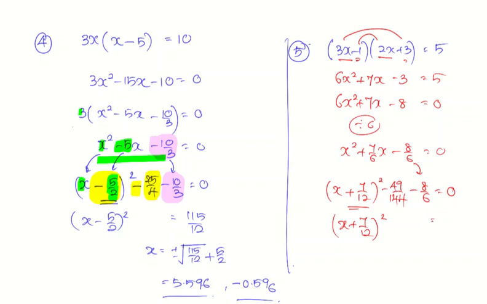Bring over to the opposite side. 241 over 144. So x plus 7 over 12 equals plus minus square root of 241 over 144. x equals, okay, let's write the answer in 4 significant figures or 3 decimal places.